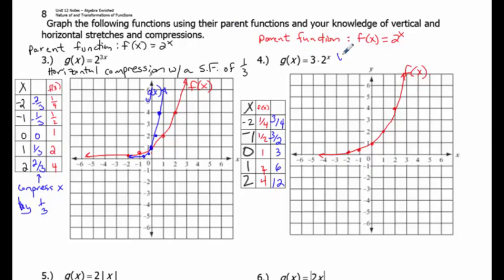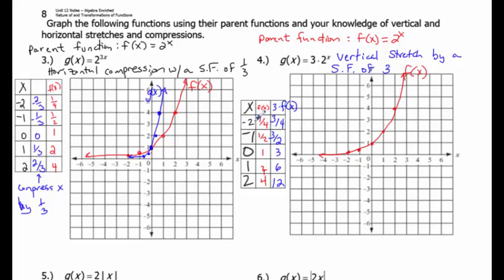And again, we didn't note this before, but this is a vertical stretch by a scale factor of 3. I know that because the 3 was outside of the parentheses. And what we should label this is 3 times f of x. That is what g of x is going to be.